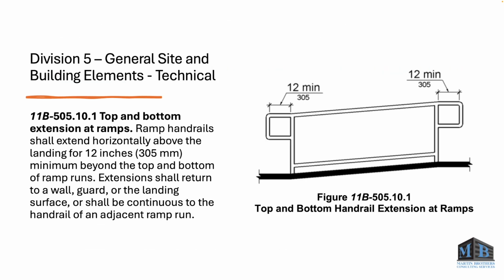11B 505.10.1, top and bottom extensions at ramps. Ramp handrails shall extend horizontally above the landing for 12 inches minimum beyond the top and bottom of ramp runs. Extensions shall return to a wall, guard, or the landing surface, or shall be continuous to the handrail of adjacent ramp run.